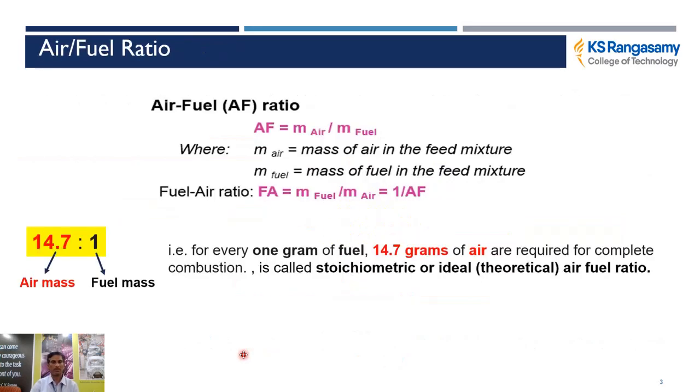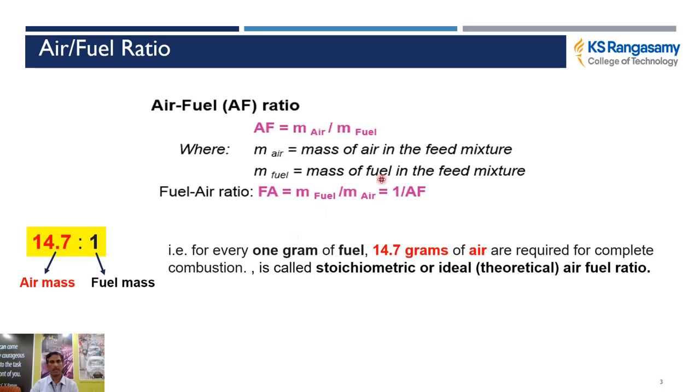For the combustion process we need air and fuel. How much air and fuel is required to get the required quantity of heat for running the IC engine? So we should calculate the air-fuel ratio requirement for the IC engine.